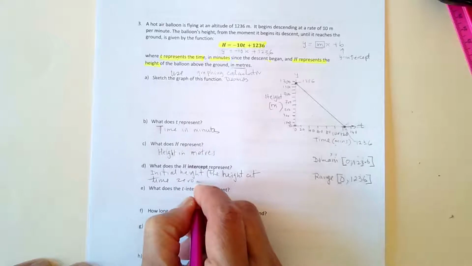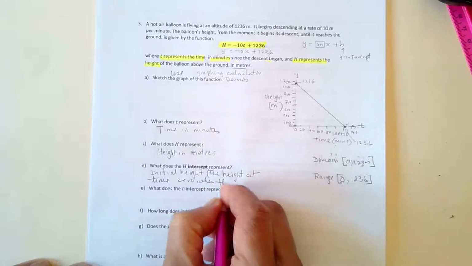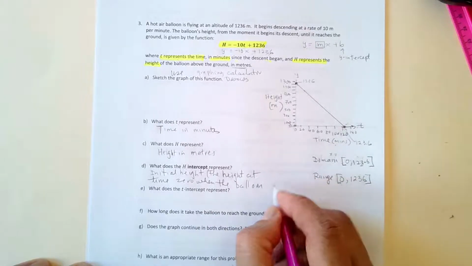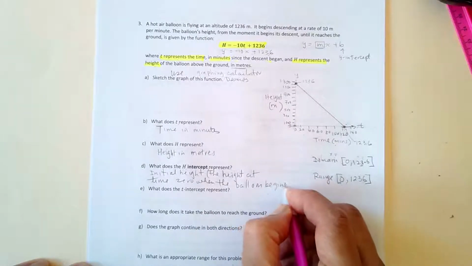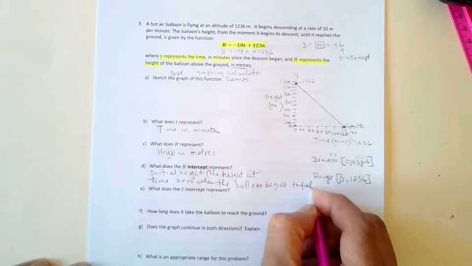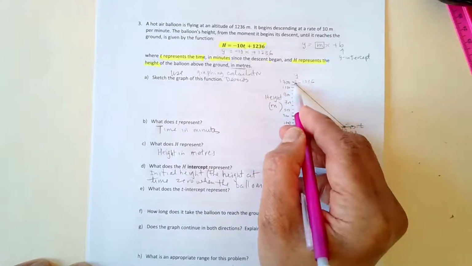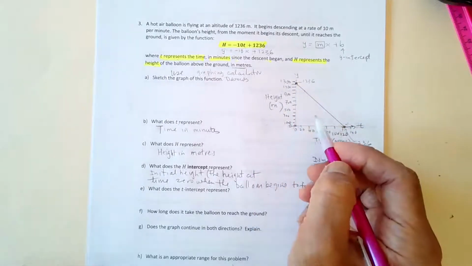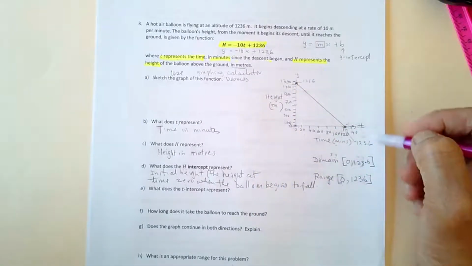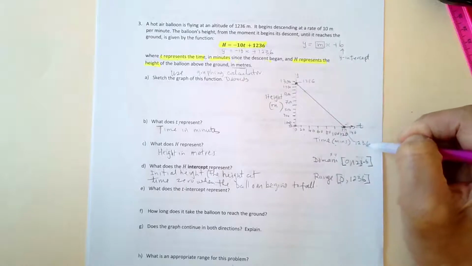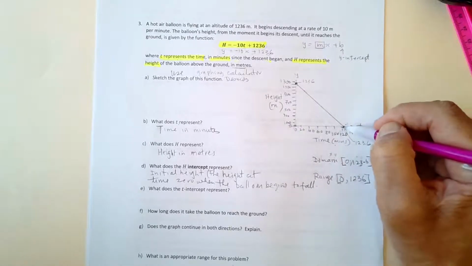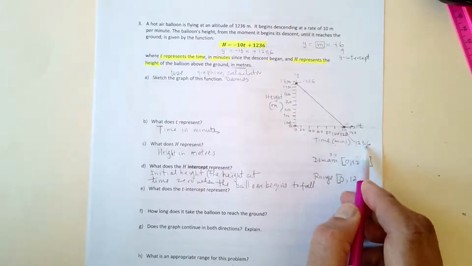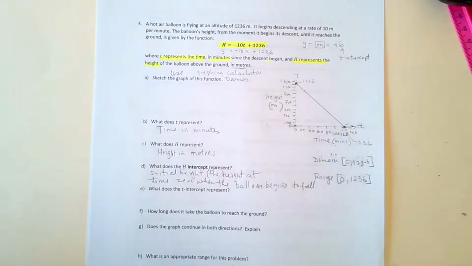Time 0, and the balloon begins to fall. So from here, 1236 meters, the balloon begins to fall. And it's falling until 123.6 minutes later, it drops to the ground. So after 2 hours, 3 minutes, and 6 seconds, the balloon reaches the ground.